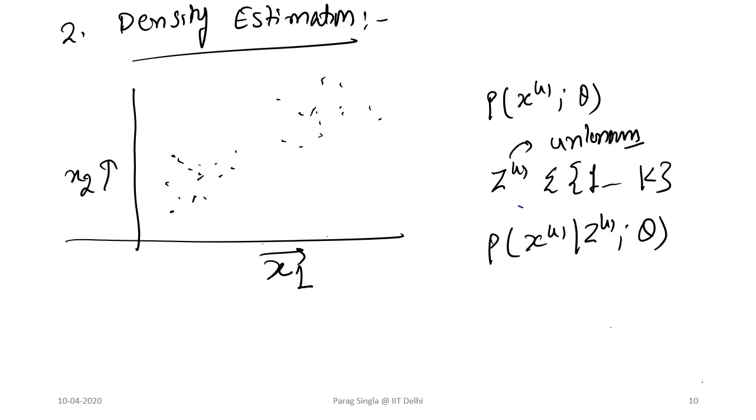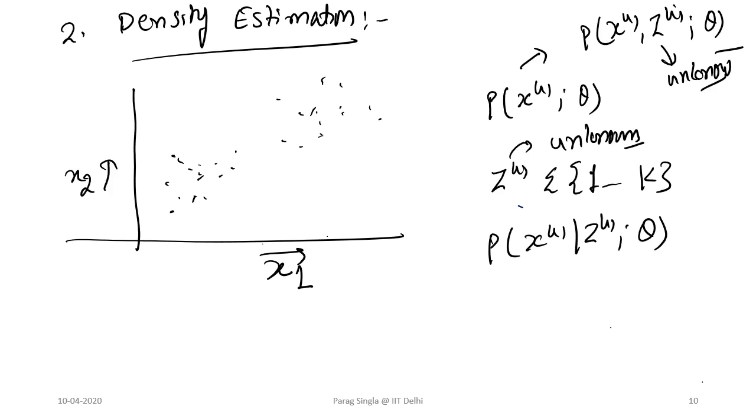So what we are saying is that this p of xi parameterized by theta, this density estimation problem, is translated into a slightly different problem, which is trying to estimate the parameters of this p of xi, zi, theta, where zi's are unknown. So the underlying model is actually describing a joint distribution over these xi's and zi's, but zi's are missing.